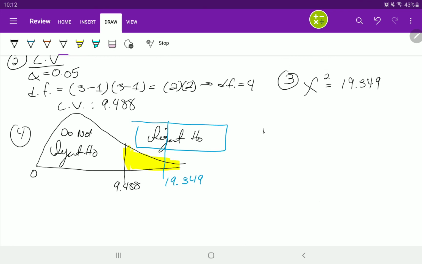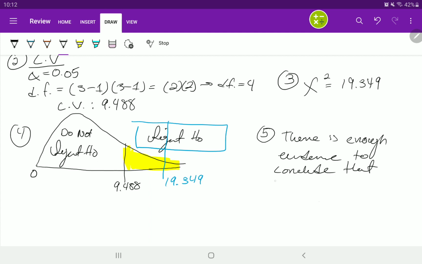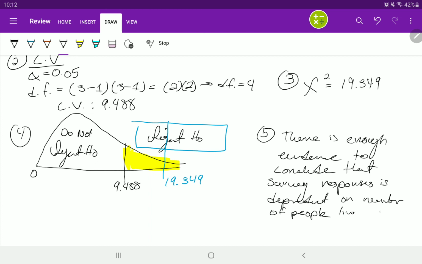I kind of didn't write that correctly because I'm rushing, but we will say there is enough evidence to conclude that survey responses is dependent on number of people living in off-campus residence.